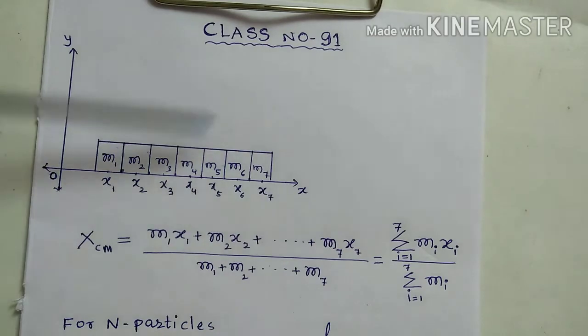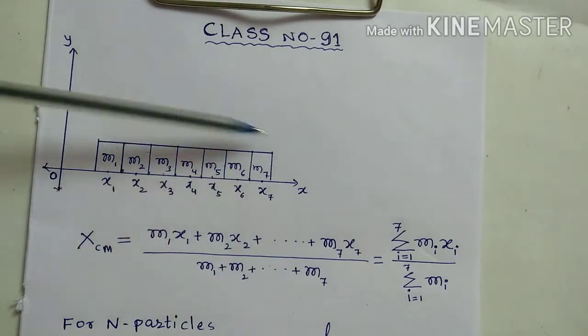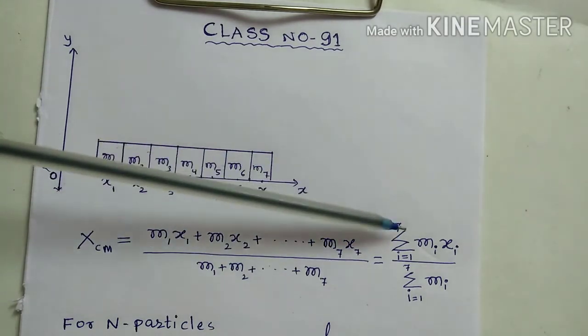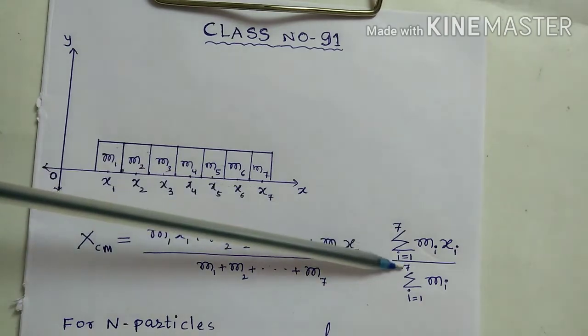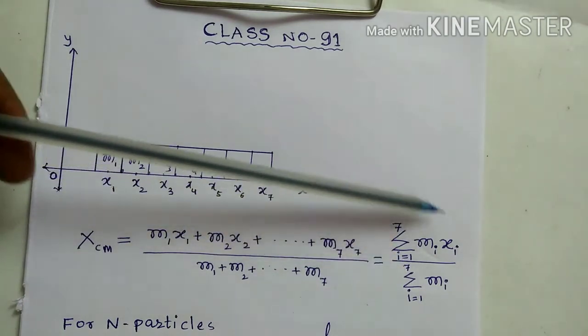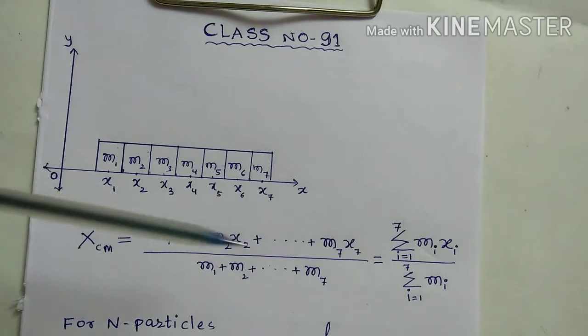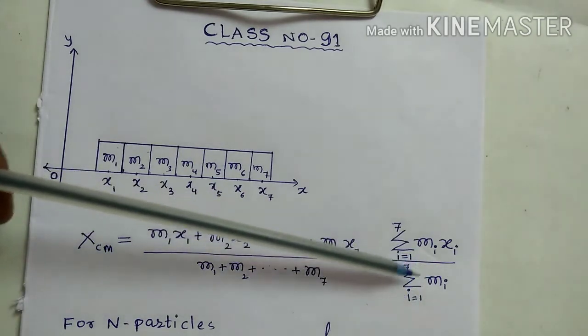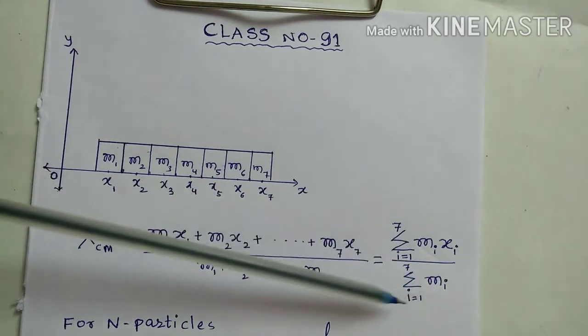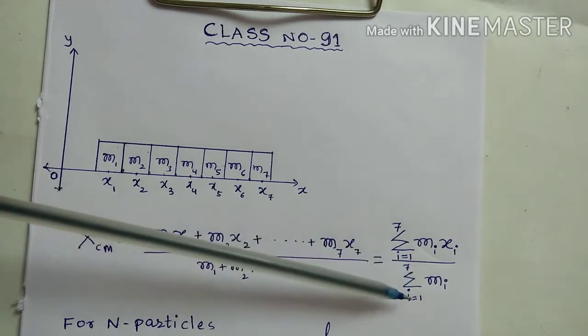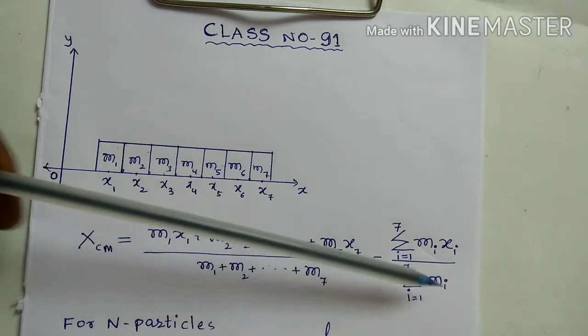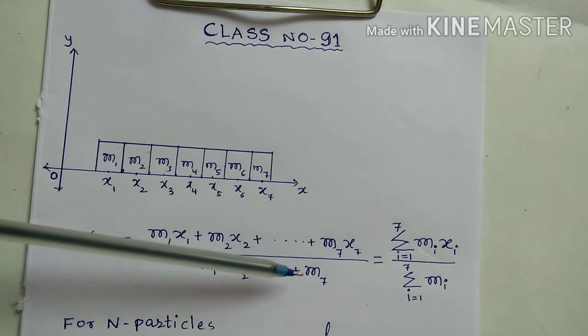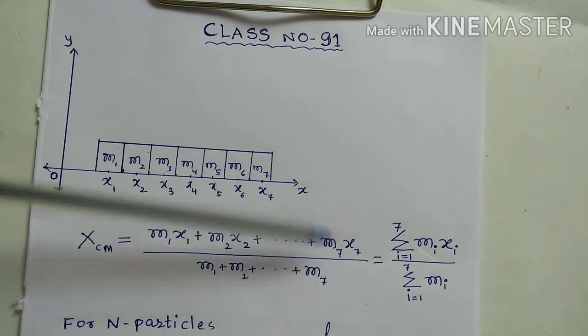So here 7 particles are there, no? 7 slices are there, so up to 7 I am writing here. i equal to 1 to 7, this summation will run. Similarly, in the denominator, summation over mi, i equal to 1 to 7. So 1 means m1, 2 means m2: m1 plus m2 plus m3 and so on up to m7.